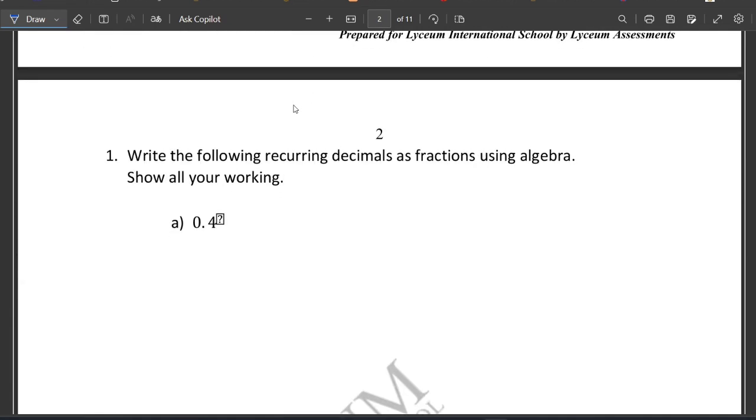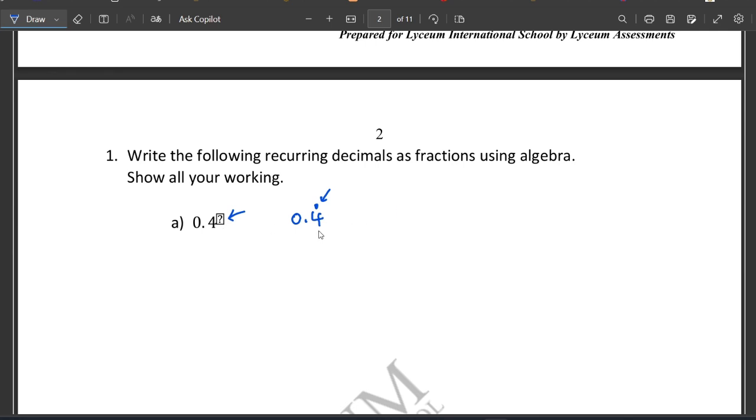So first question, here we have 0.4. I assume this question mark has the recurring symbol, this dot. I think it's the dot.